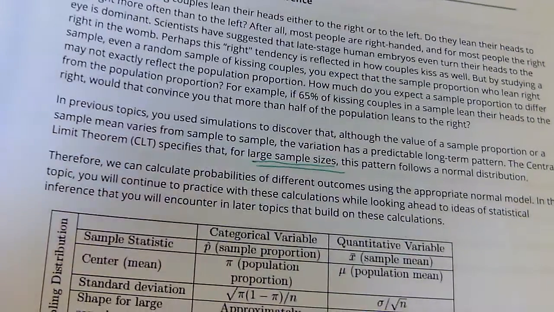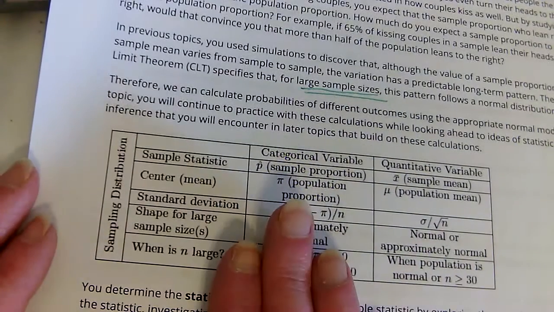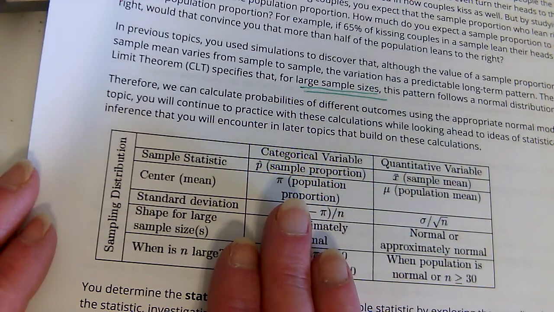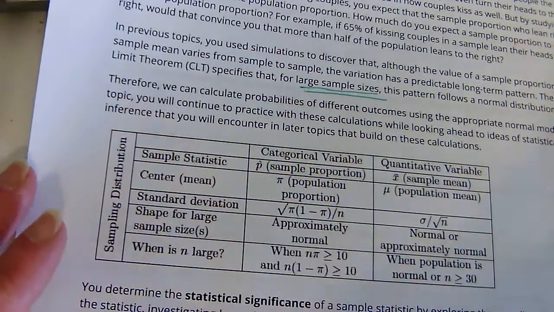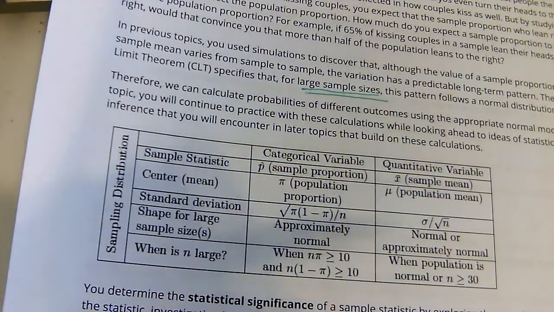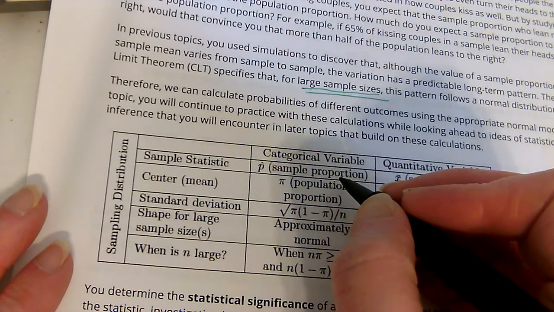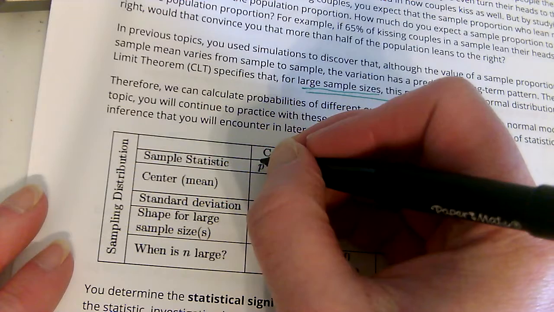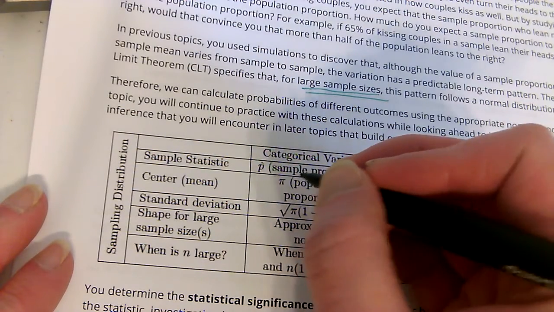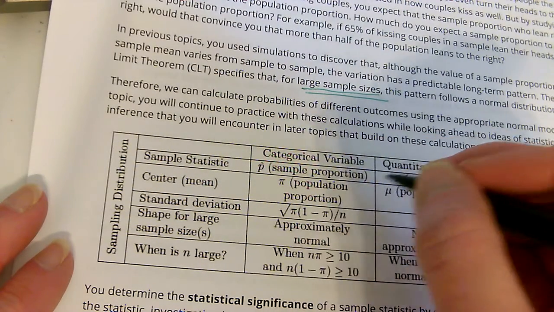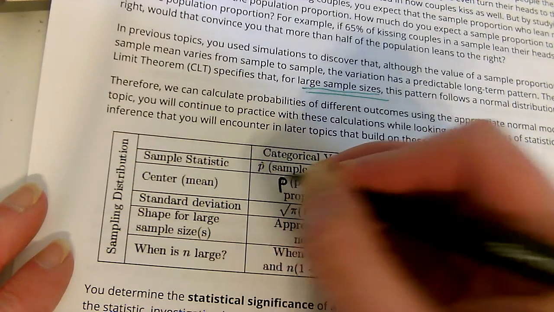Now, I meant to fix some of this because this notation wasn't exactly what we've been using, so if you want to change it with me. If we're talking about proportions, the sample statistic is p with a little hat on it. The center for the population would actually be a p.